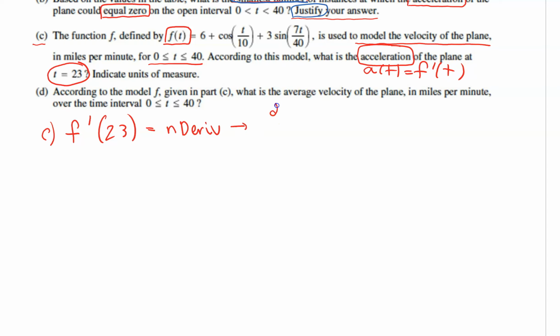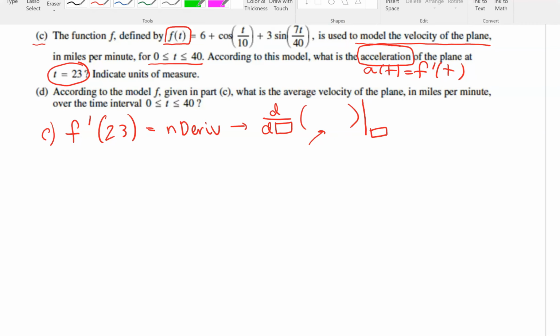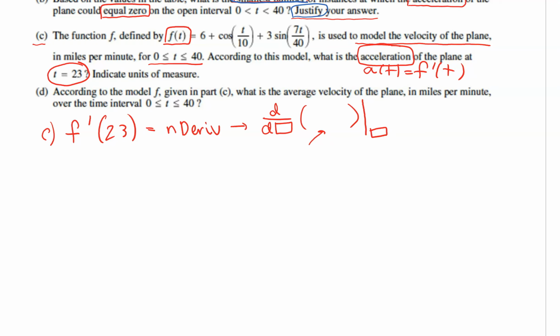It'll have a d box, and then you'll have to type something in here, and then it'll have a line and then another box. So because on your calculator they use x for the independent variable instead of t, wherever there's a t in this equation, I will plug in an x when I type the equation in here.